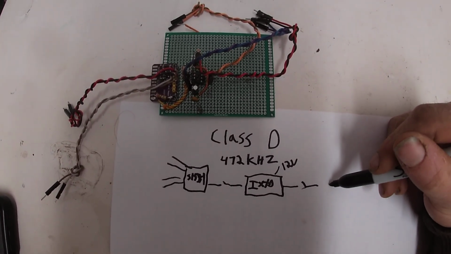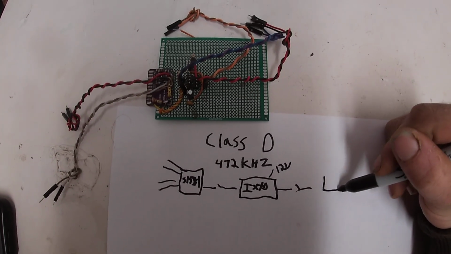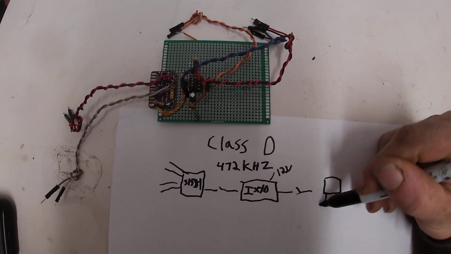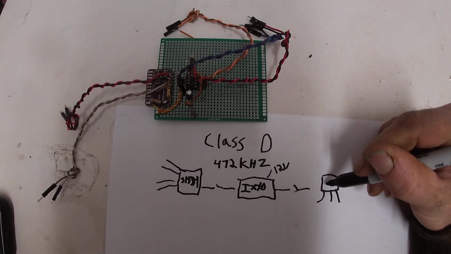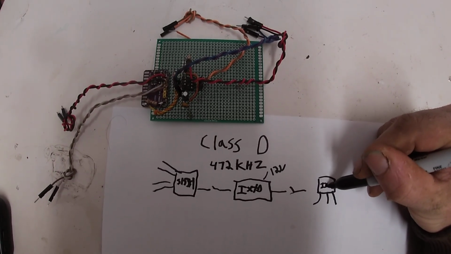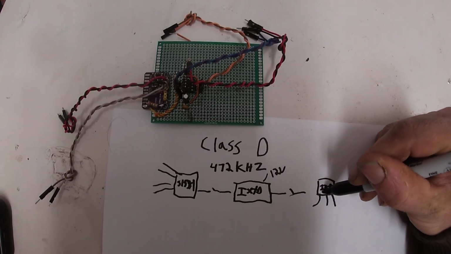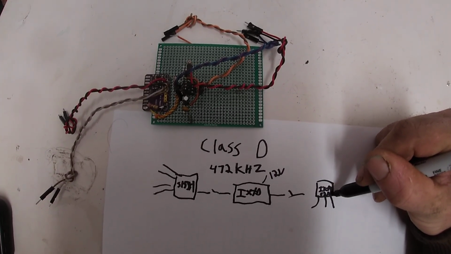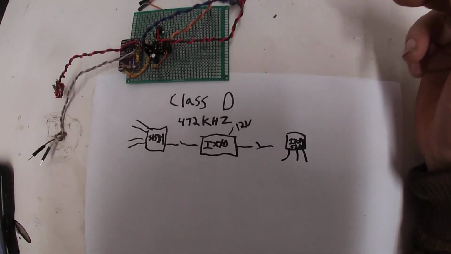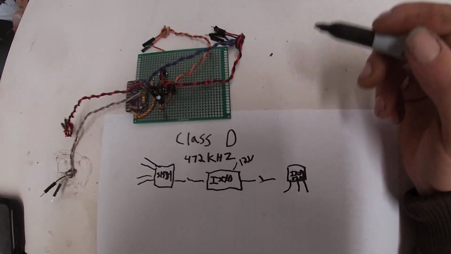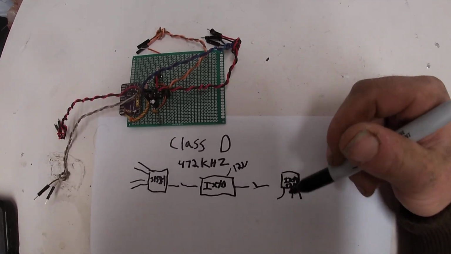And then we go into a MOSFET. In this case, the IRFP 520N, which is not an RF device. It's actually just a power switcher.